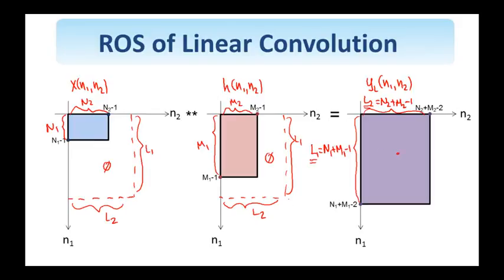But since the periodic extension is going to be with respect to L1, L2, we clearly see here that there's not going to be any overlap between the replicas of this signal YL, and therefore the result of the circular and linear convolutions is going to be identical.